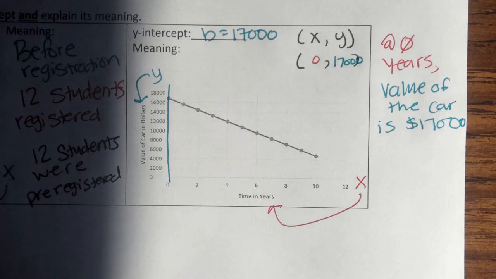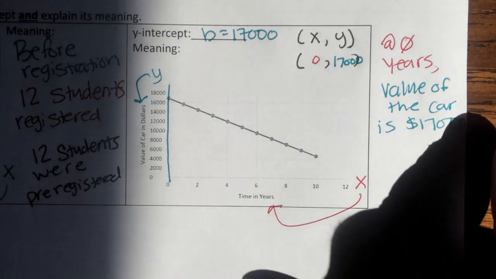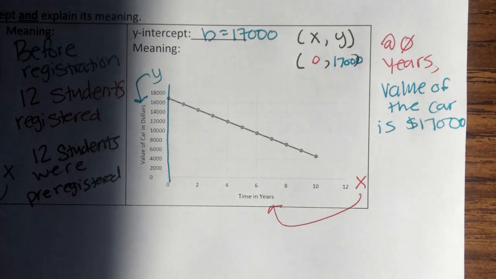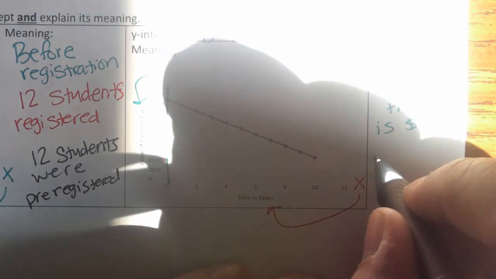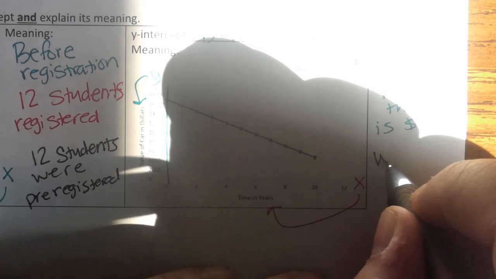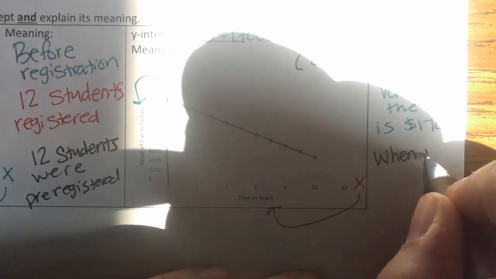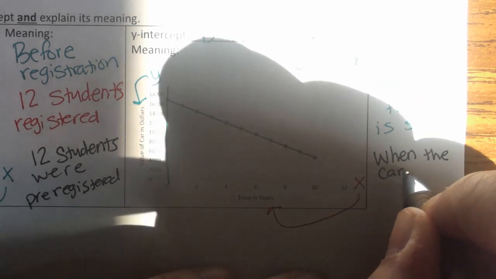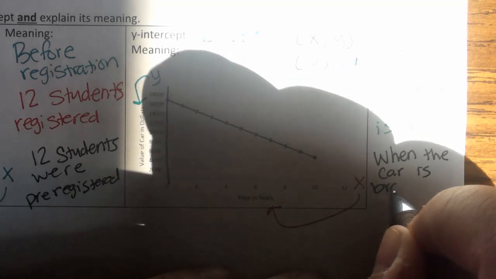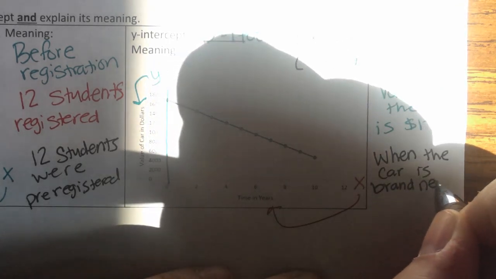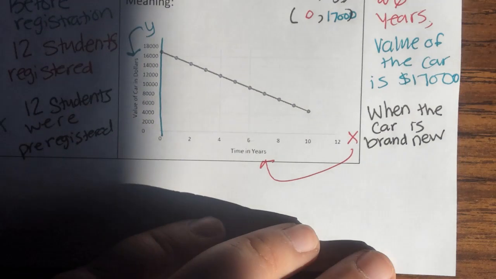Okay. So let's think about what that means in a more realistic way to discuss, because we don't go around saying, well, at 0 years my car was worth this much money. Instead of saying at 0 years, we might say something like, when the car is brand new, because if it's 0 years old, it's a brand new car, right?